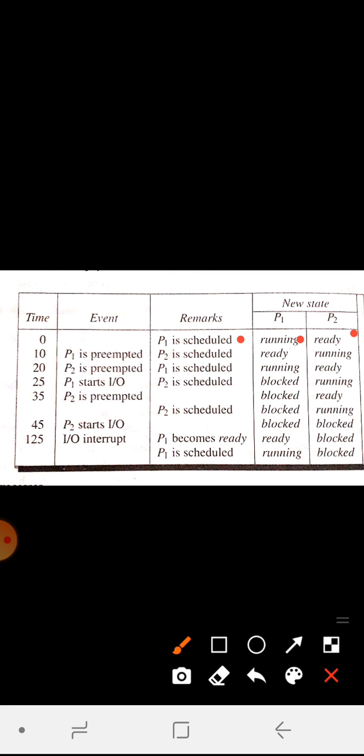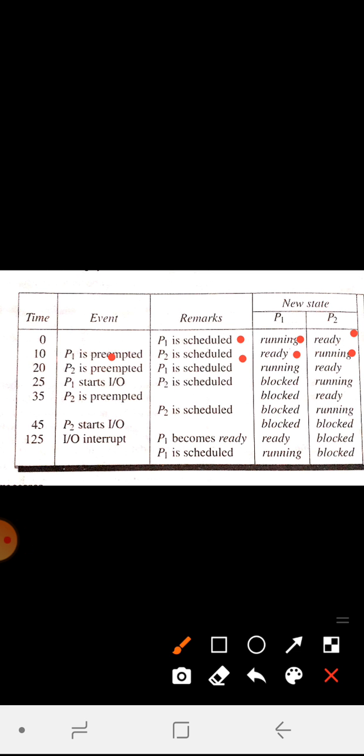Preempted means maybe a higher priority process has occurred or the time allocated for P1 is over. That is why P1 is preempted and you have scheduled P2. Since P2 is scheduled, it is marked running and P1 is marked ready.